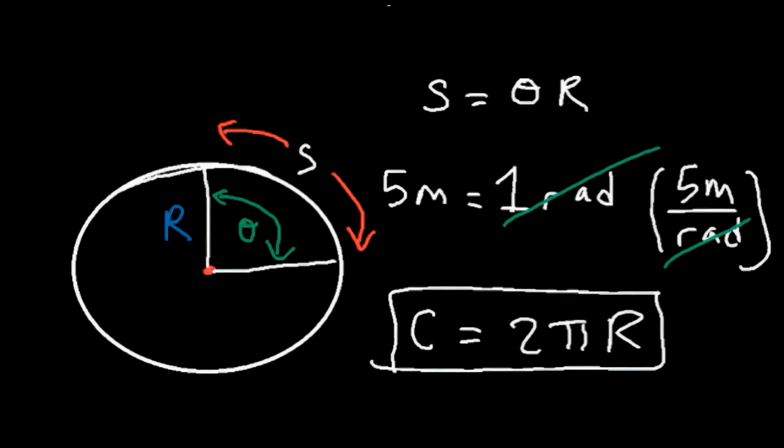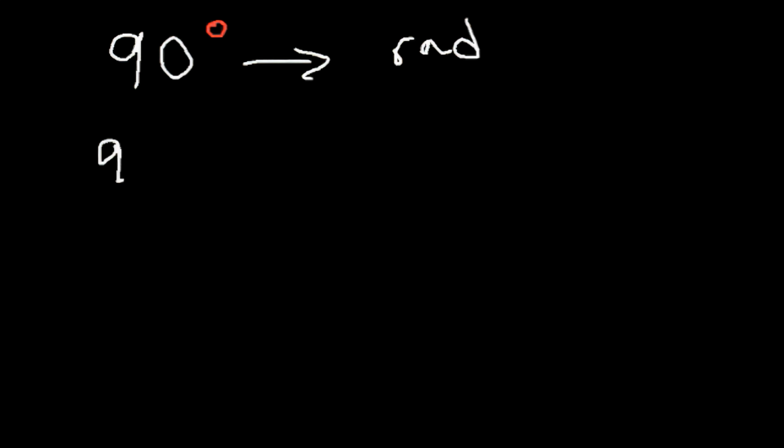Now make sure you know how to convert between degrees and radians. So here's an example. Let's say we want to convert from 90 degrees to an angle in radians. What we need to do is multiply by 2 pi over 360, or simply pi divided by 180.